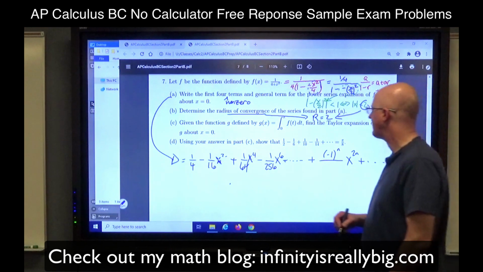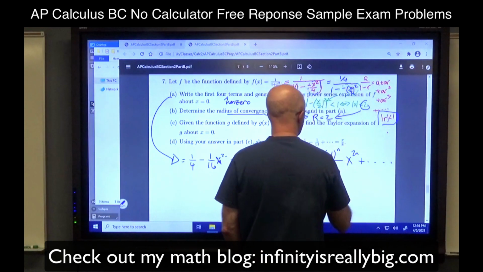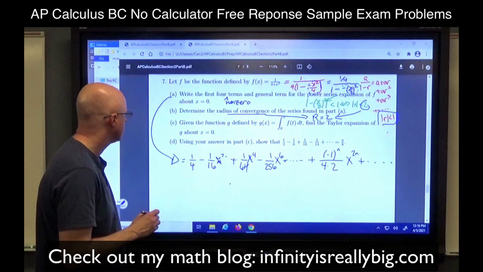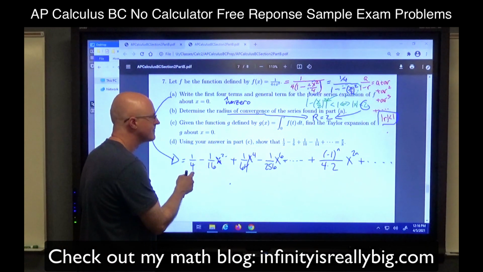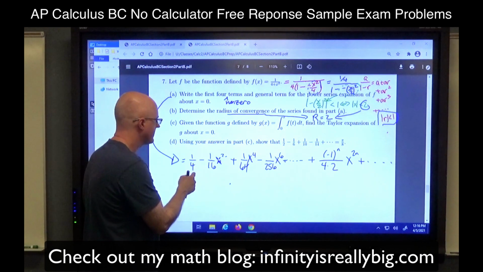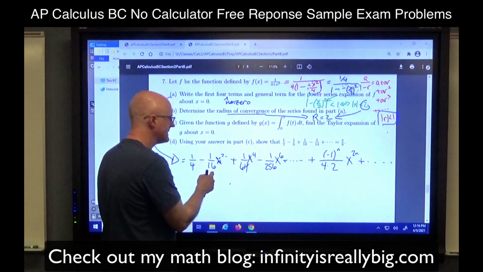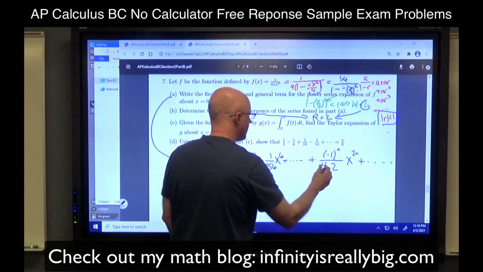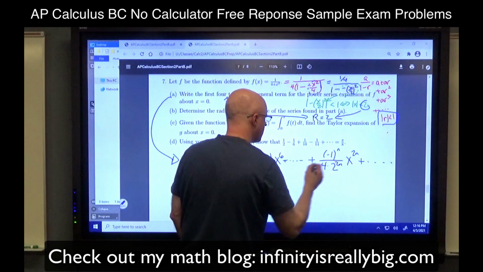We kept multiplying by 1/4 different powers of 2. So probably something like this will work. Here n was 0 in this case, and we had a 1/4. Here n was 1, and we got a 1/16. Here n was 2, and we got a 1/64. I think it's going to be 2n here.